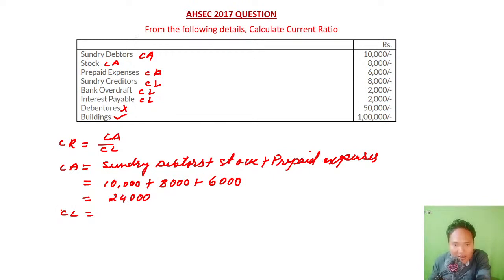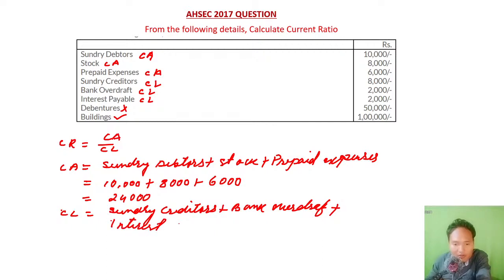Now next we have current liabilities. In current liabilities, the items are sundry creditors plus bank overdraft plus interest payable. That's all, only 3 items are there.